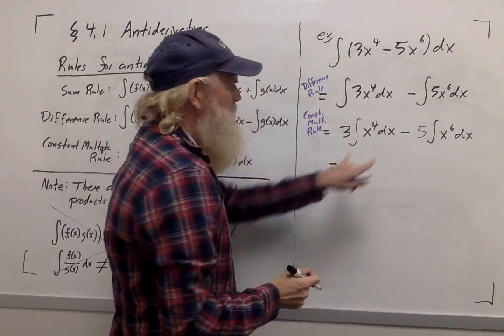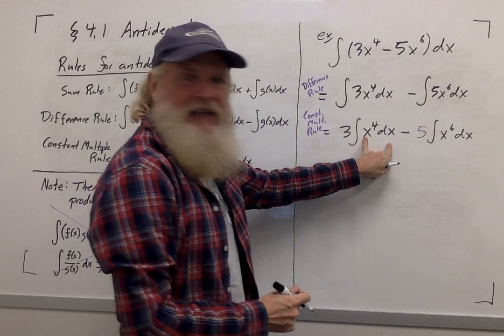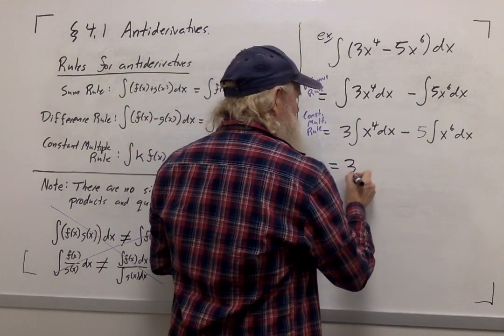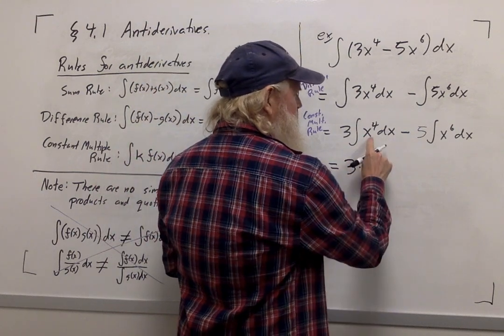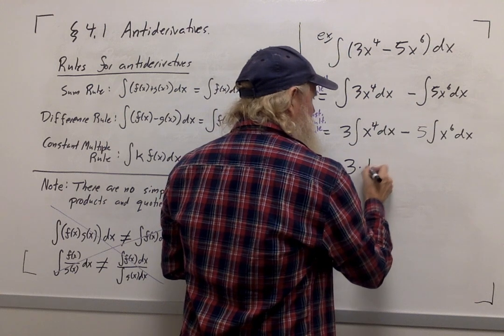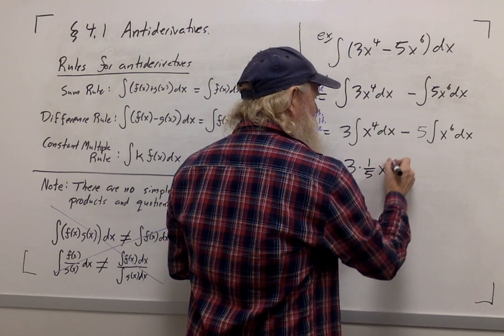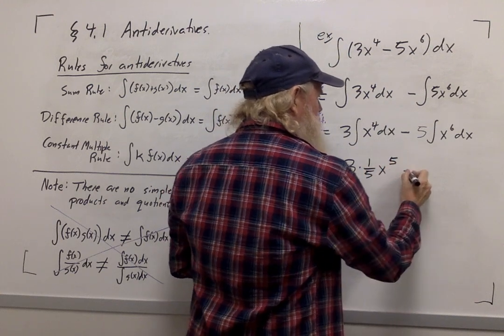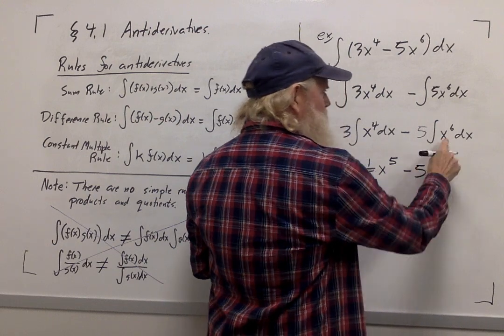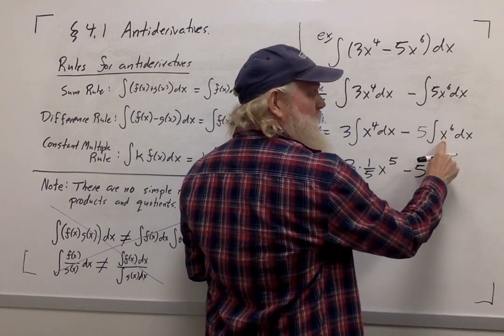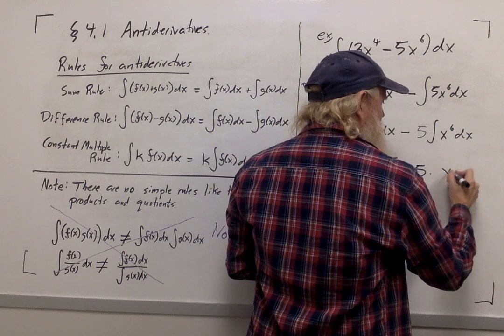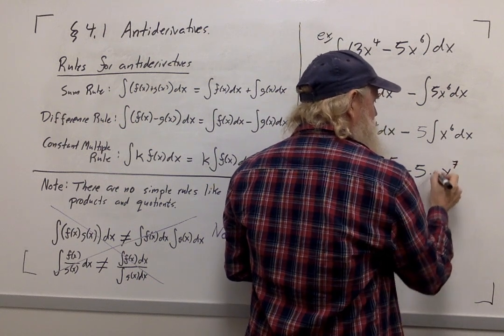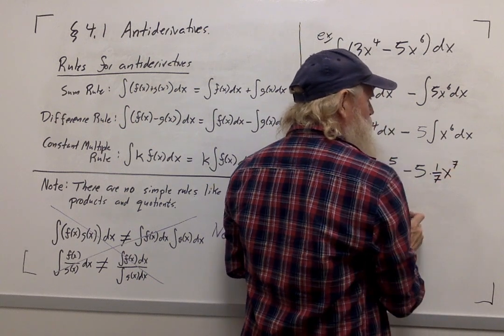And then I can apply the power rule to each of these antiderivatives. So I have 3 times the antiderivative of x to the fourth, which is 1/5 x to the fifth, minus 5 times the antiderivative of x to the sixth. Adding 1 to the exponent, I get x to the seventh, and then divide by the new exponent.